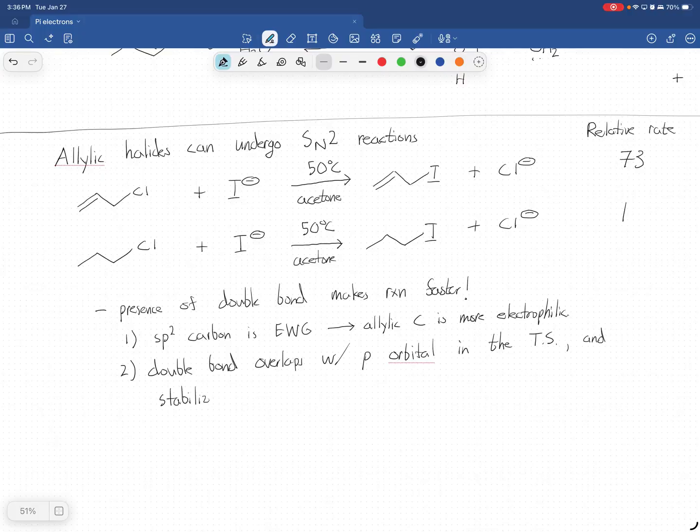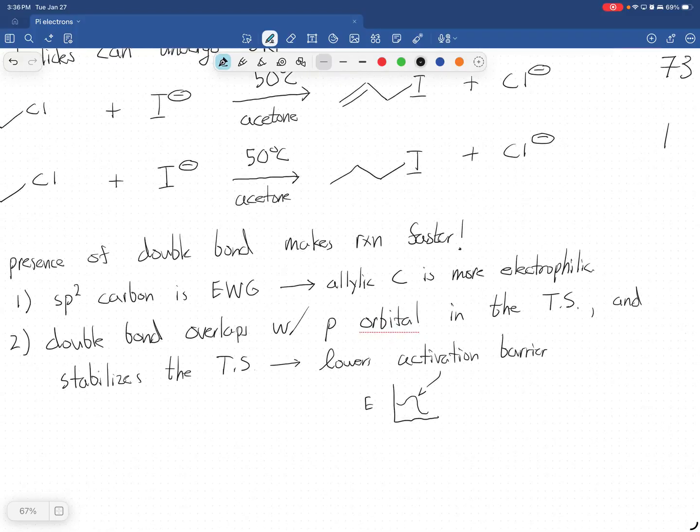If you stabilize the transition state, you lower the activation barrier. If we think of this graph, the barrier will now become lower here. The barrier of the reaction is affected if you can stabilize any part of the reaction near the transition state.